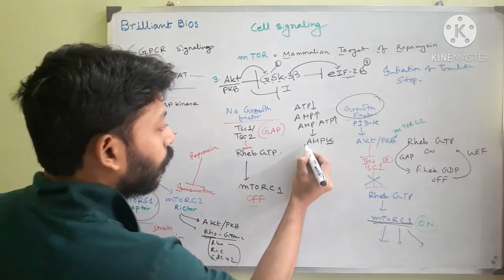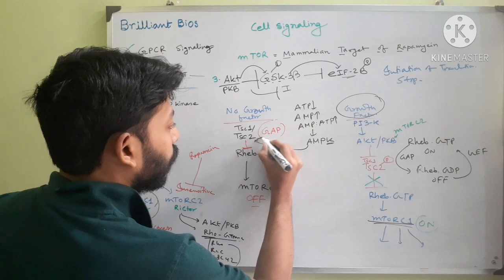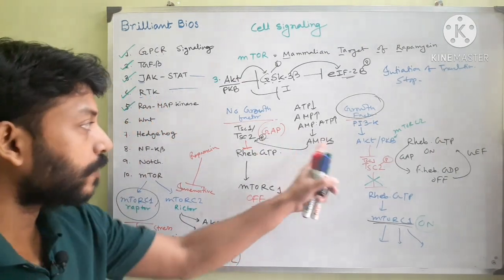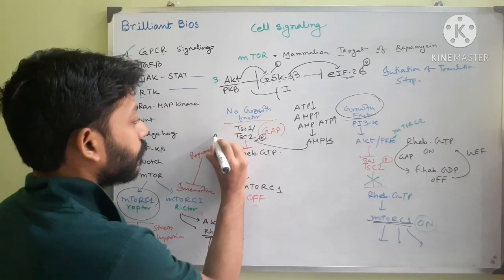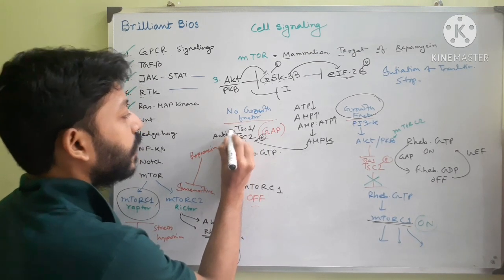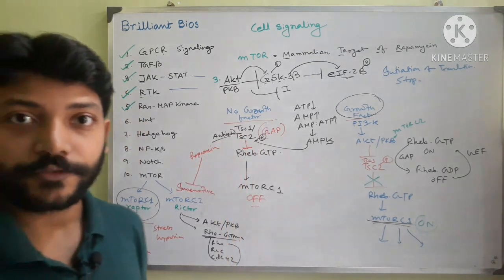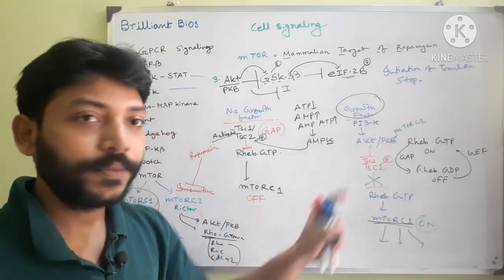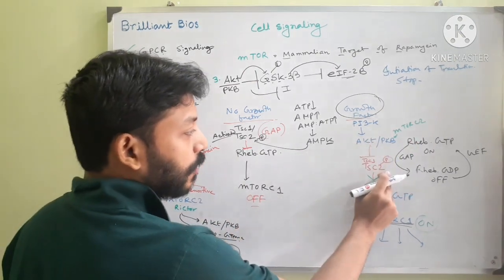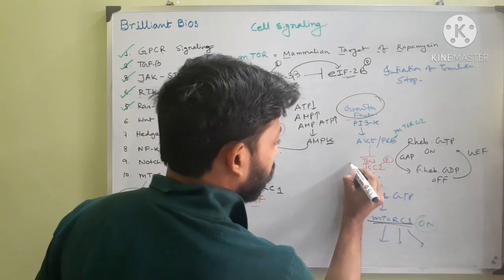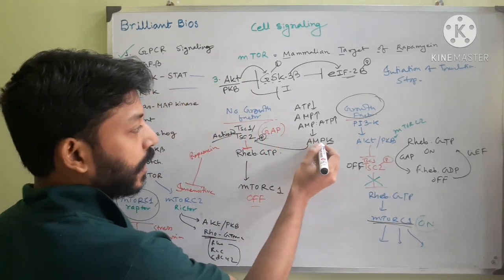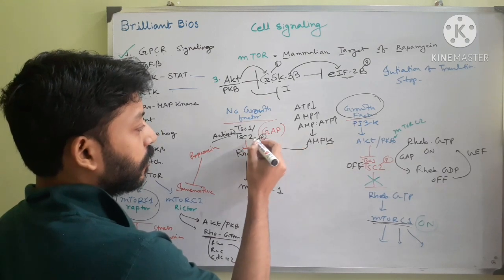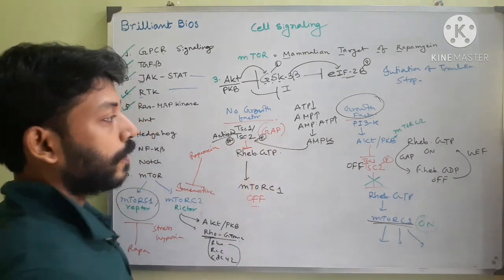This kinase phosphorylates TSC2, but by this phosphorylation, this TSC2 gets activated. You can see how much this is different from the phosphorylation by AKT. When AKT phosphorylates TSC2, it becomes inhibited, it becomes off. But when AMPK phosphorylates TSC2, it becomes on.